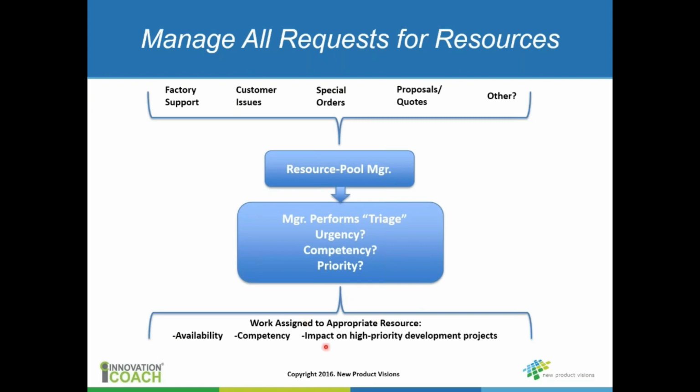If you're not managing this in some way and all this stuff is flowing directly to the resources, you basically have no control over how you're going to manage the resources. So, at the beginning, if you're having a big problem with this, you may have to make some very hard decisions about cutting all these requests from going directly to the resources, and flowing them through here. Then maybe over time, you can relax that a little bit, but you have to get a hold of this if it's a big problem. And in many companies, it is a very significant problem.